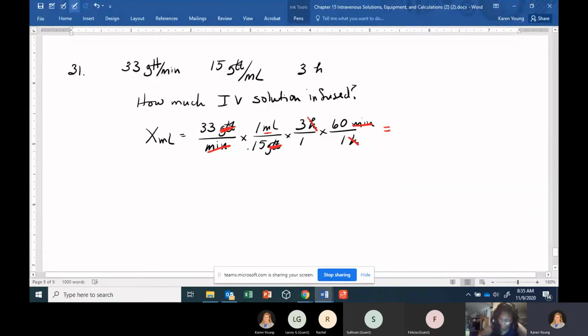Now I'm going to go ahead and cancel: 15 goes into 15 once, 15 goes into 60 4 times. So I'm going to multiply together 33 times the 1 times the 3 times the 4, and that will give me my milliliters.